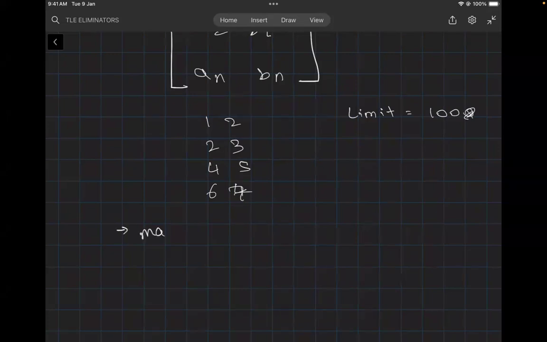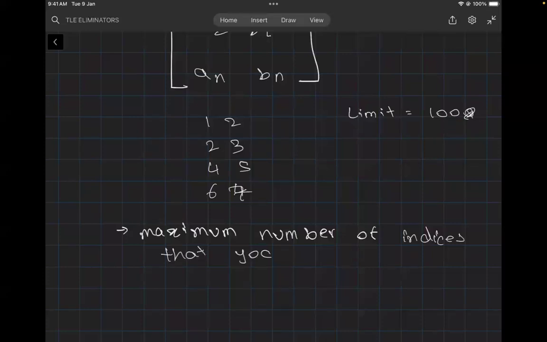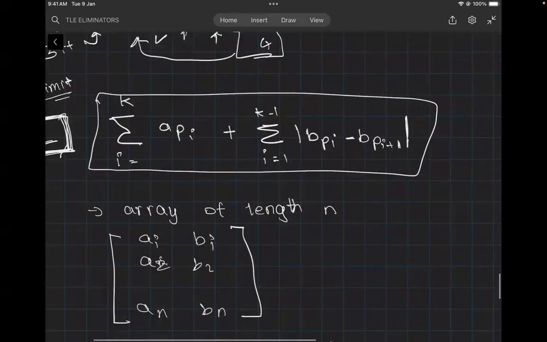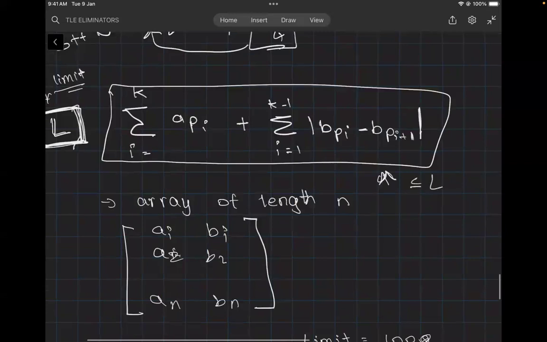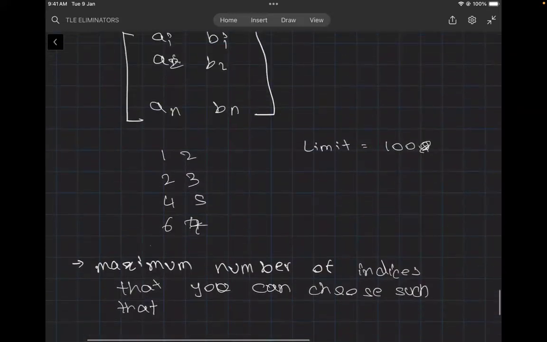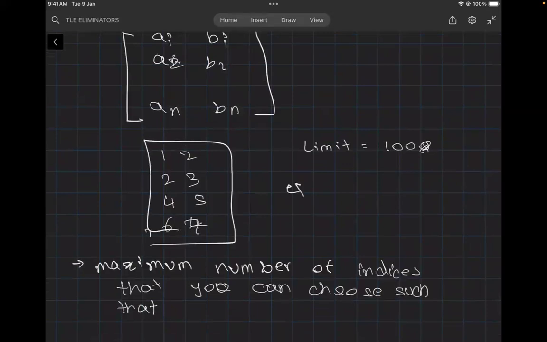What is the maximum number of indices that you can choose such that this sum right here is smaller than or equal to L? Right? Currently, the answer for this is 4, because if you take all of them, the sum is not going to cross 100. But this is what the problem asks.